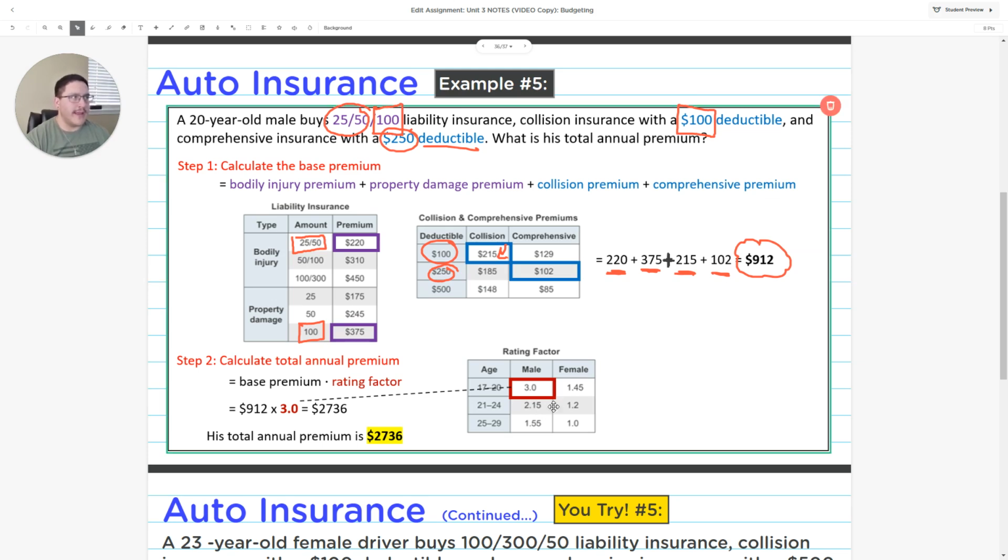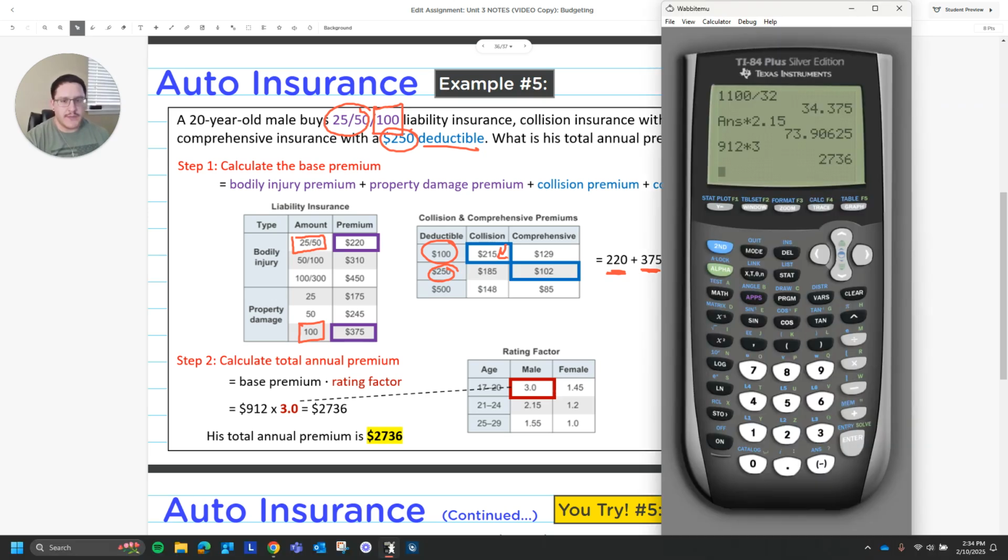Now, of course, if you want to find out what the monthly payment will be, this is just an aside. This is not a part of the problem. If you want to figure out what the monthly payment will be, depending on how many months this is being carried out, could be for 6 months, it could be for the entire year. Let's say you're paying this for the entire year. That's $2,736 divided by 12. You're paying $228 per month.